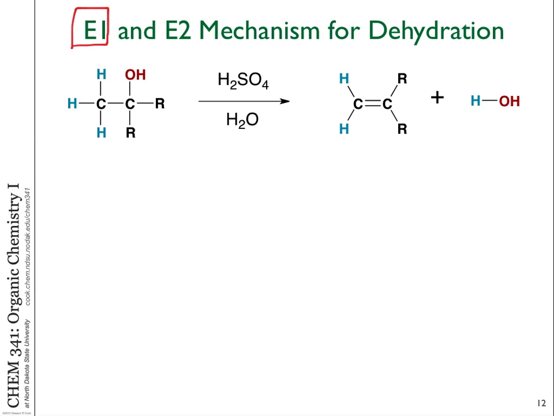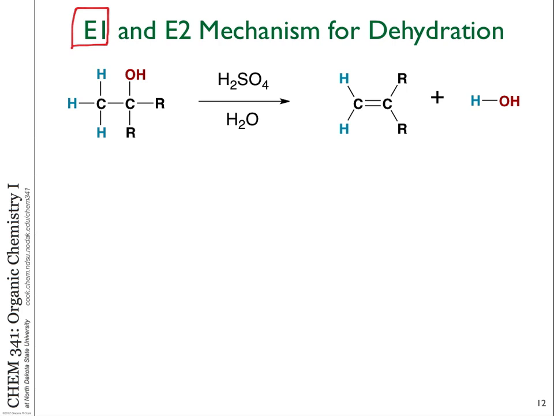Remember when we talked about substitution? If the protonated alcohol came off as water to form a carbocation, the rate determining step only involves that one molecule breaking apart. That's the slowest step. So it's a unimolecular reaction rate. The same thing in this case. It's an elimination reaction in which the rate determining step is unimolecular.